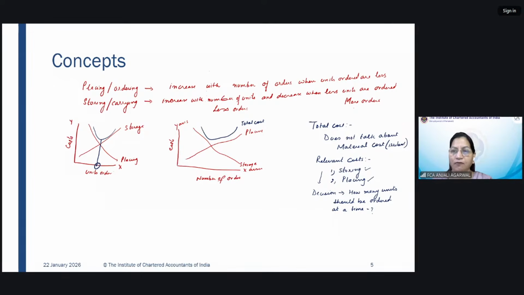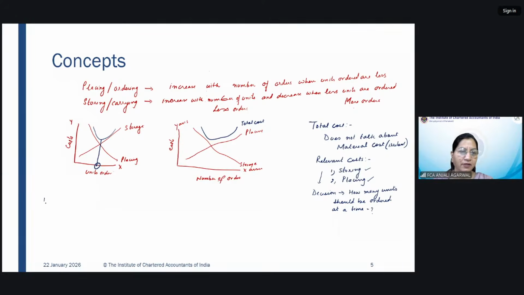Storing cost falls with the number of units decreasing, and placing cost rises with the number of orders placed. The more the orders, more the placing cost. More the units, less the placing cost. More the units, storage cost will rise, because the more units you hold, your holding cost is high.